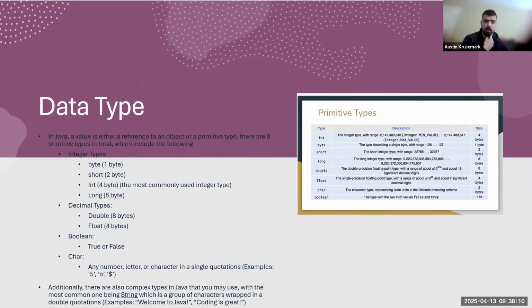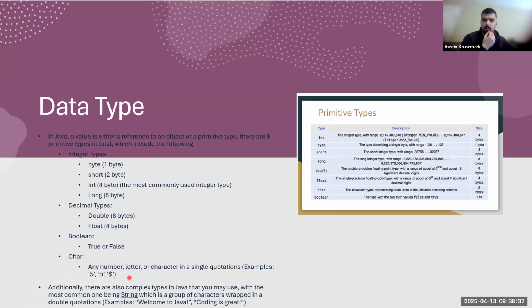Then we have 2 decimal types, which are double and float. Then we have a boolean, which is true or false. And then we have a character, which is any number, letter, or character that you can put inside a single quotation. I'll show some examples in my code in a minute.